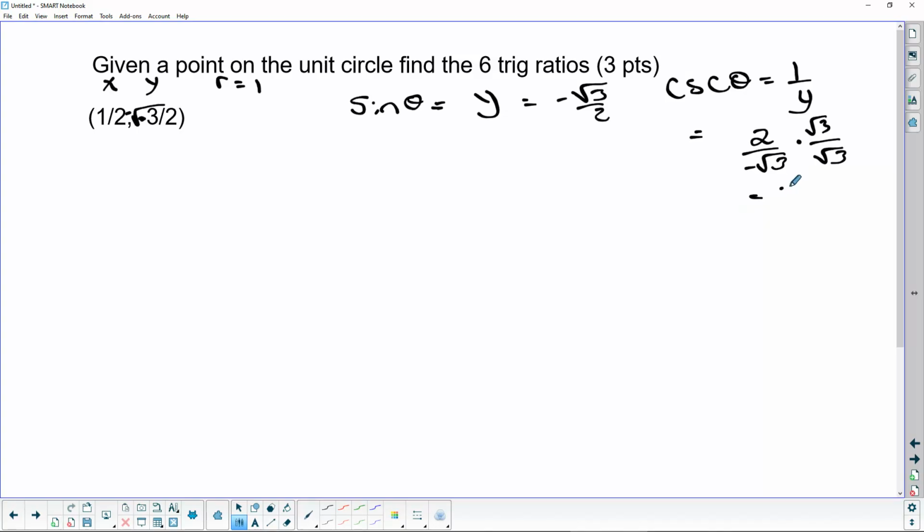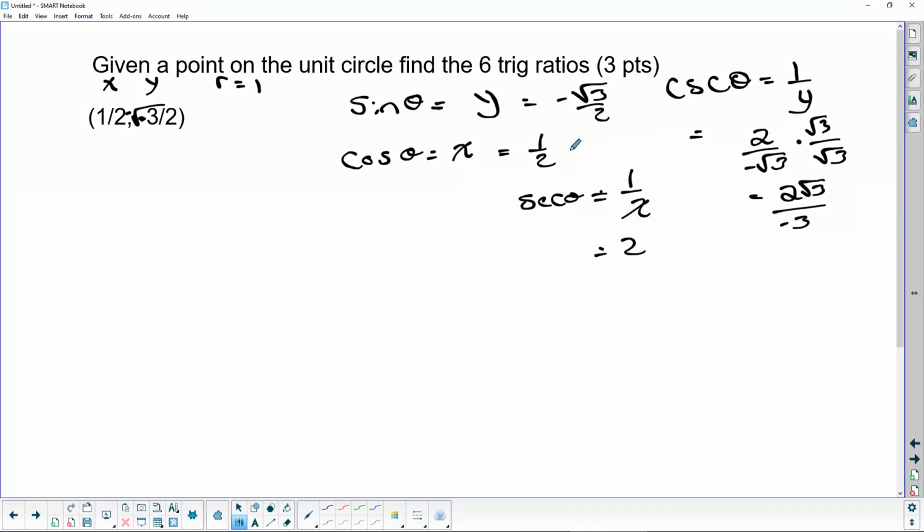So that's going to be 2 root 3 over negative 3. Okay, then you do cosine theta, that's x. That equals 1/2. And then secant theta equals 1 over x, which equals 2, because you just flip it over, 1 over 1/2.